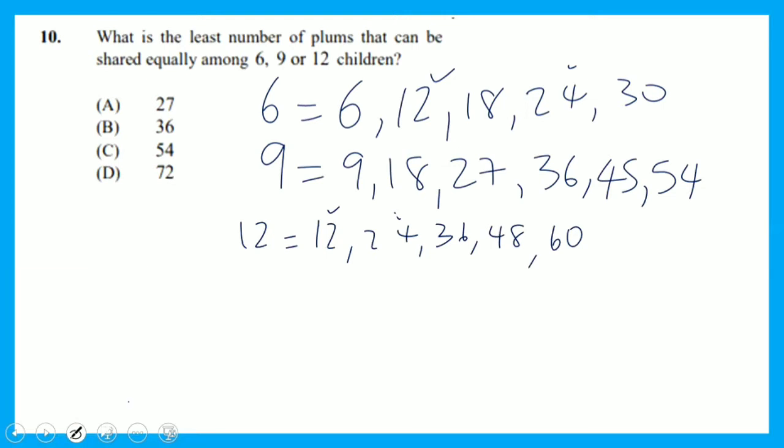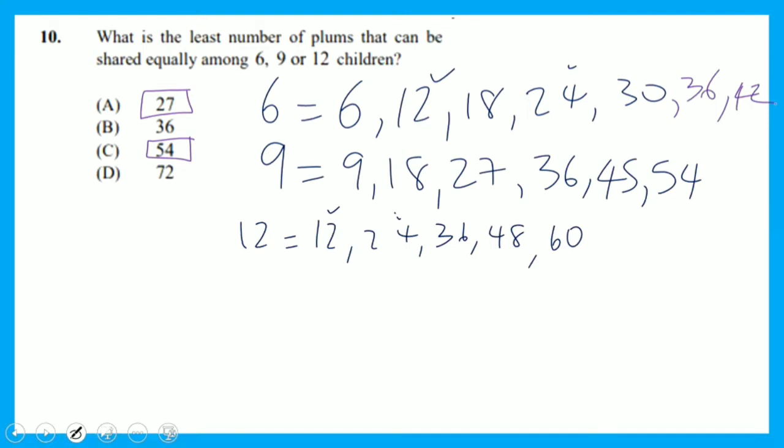If you start to look here, you realize that 27 is definitely, first of all, not even a multiple of 6. We can rule that out. 54 isn't even a multiple of 12. We can rule that out. For 36, if we were to extend the multiples of 6 a little more, we gave up a little too early, right?